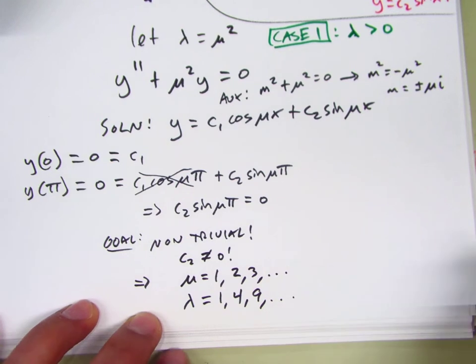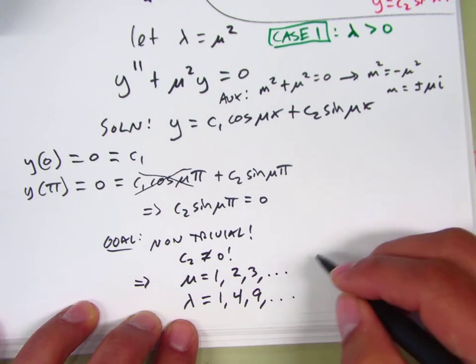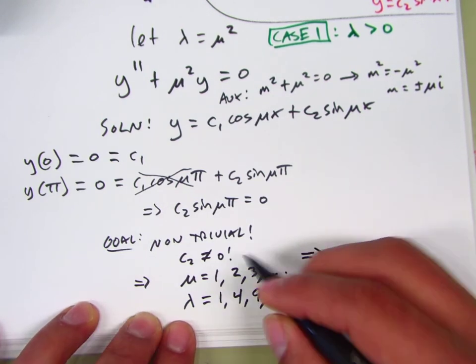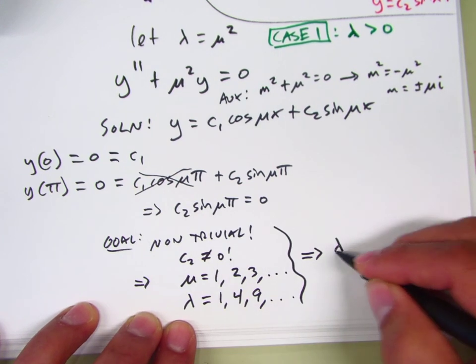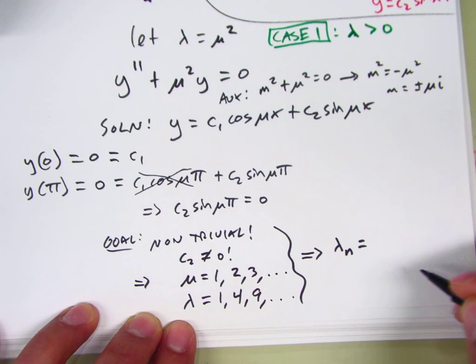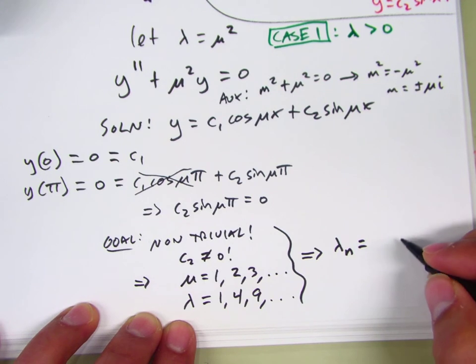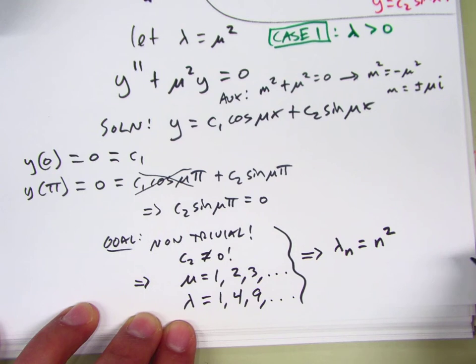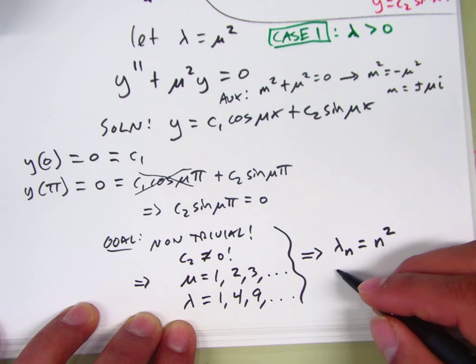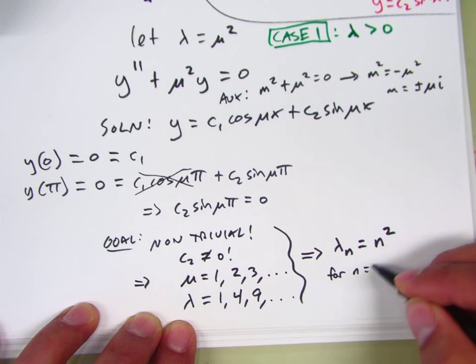So all of this implies that lambda sub n, the eigenvalues, are just n squared, for n equals 1, 2, and so on.